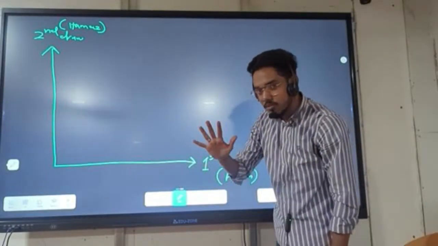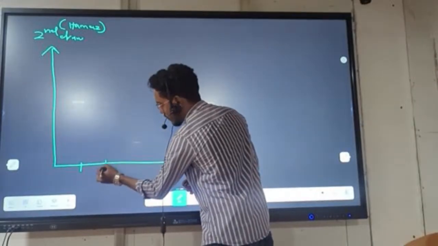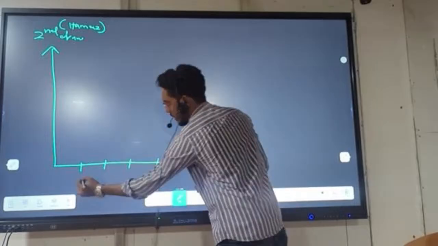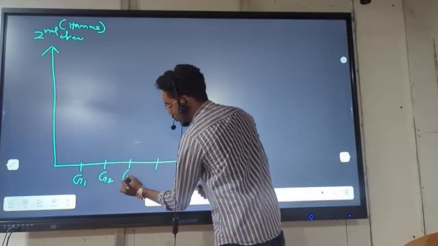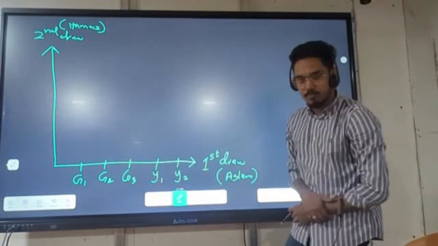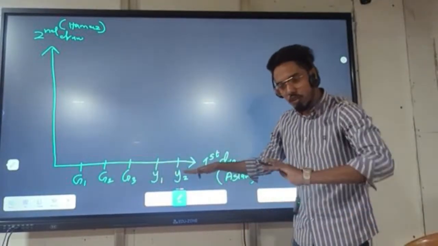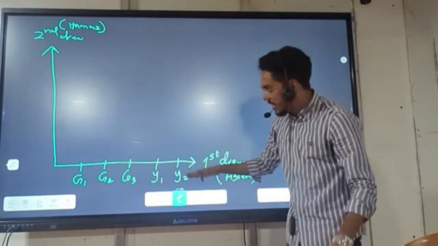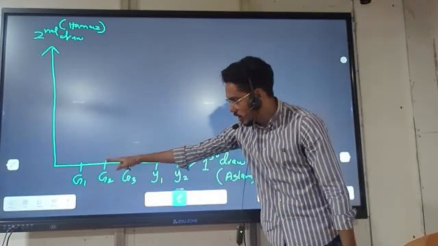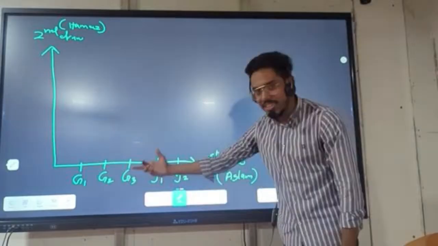I'm going to name all the 5 balls here: G1, G2, G3, Y1, Y2. In any order you want, you can write, no problem. If you want to write yellow first, Yellow 1, Yellow 2, G1, G2, G3, or green first and then yellow, no problem.